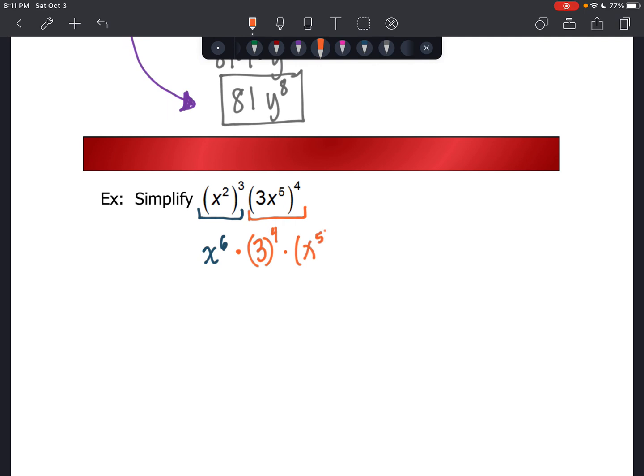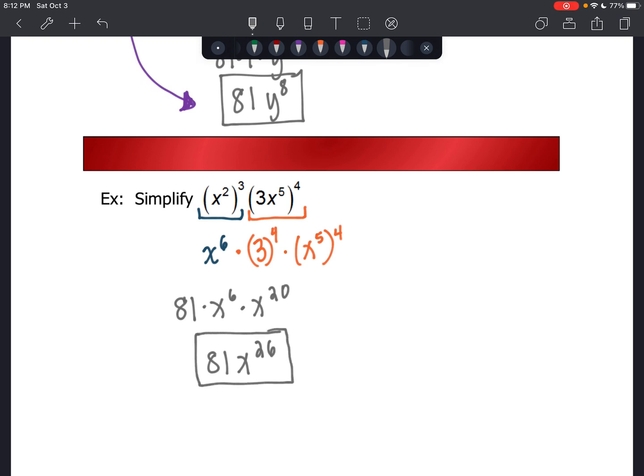And the other base is x to the 5th, and that's going to be raised to the 4th power. Well, 3 to the 4th is 81, and then I've got times x to the 6th times x to the 20th. That would be 81 x to the 26th power.